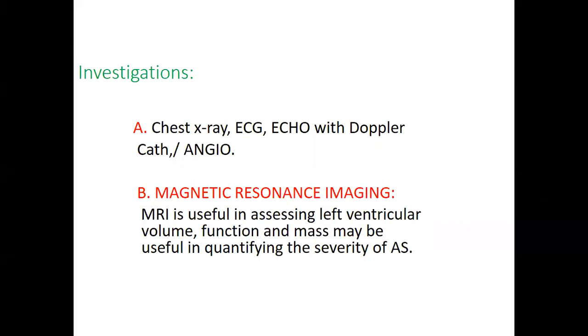But the commonest tests you perform in your wards and clinics are the chest X-ray and the ECG, which are readily available, and echo is also readily available everywhere in a cardiology unit, so you can perform the echocardiographic test as well.